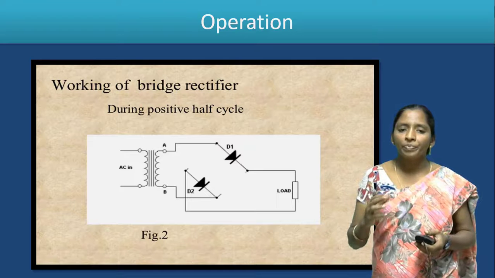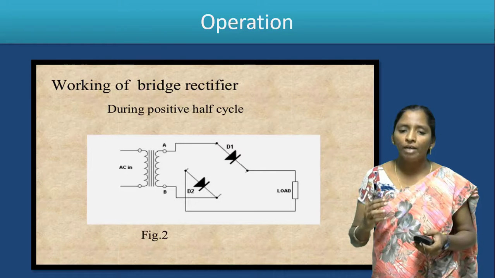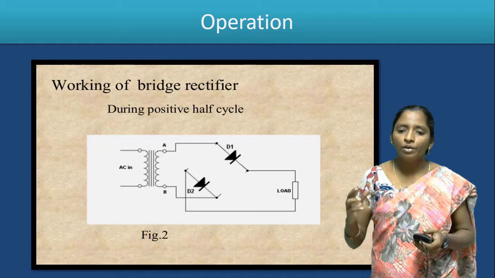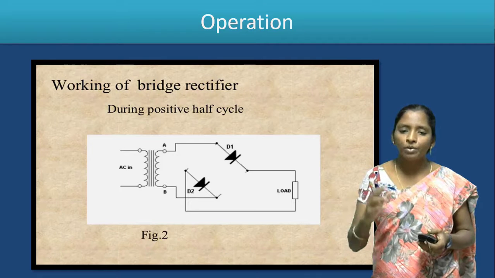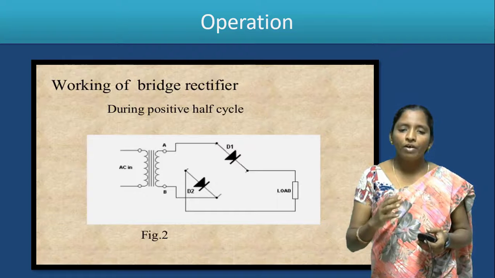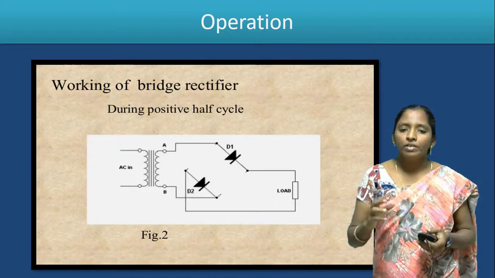So this is the diagram of the bridge rectifier during the positive half cycle. At that time the current flows from D1 to the load resistor, and after the load resistor to D2 and then to the B point of the transformer.